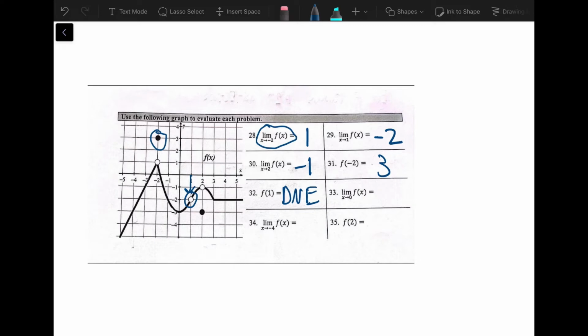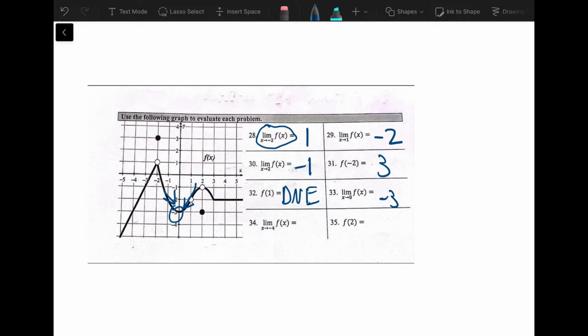As x approaches 0, the limit of f of x is -3, because as x approaches 0, from here and from here, it approaches -3.